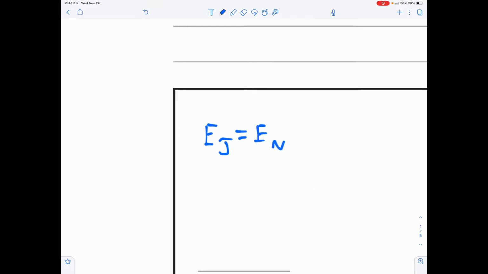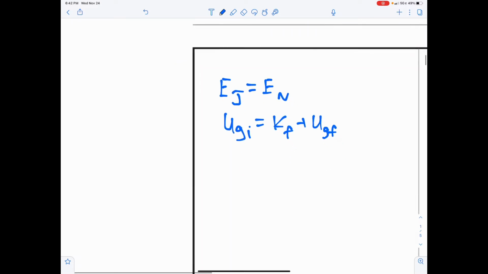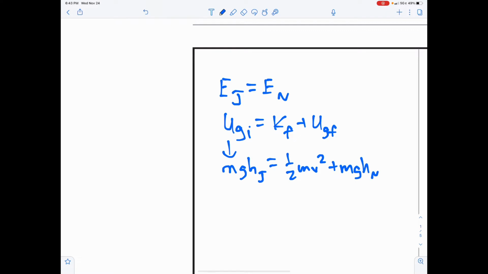Solving for the speed, well, first of all, let's go ahead and keep deriving this. So at the very top of Jupiter, we have nothing but gravitational potential energy. I'm going to call that initial, equals, now at the top of Neptune, you have kinetic energy final and you have gravitational potential energy final. Well, this would be mgh of Jupiter equals 1/2 mv squared plus mgh of Neptune.